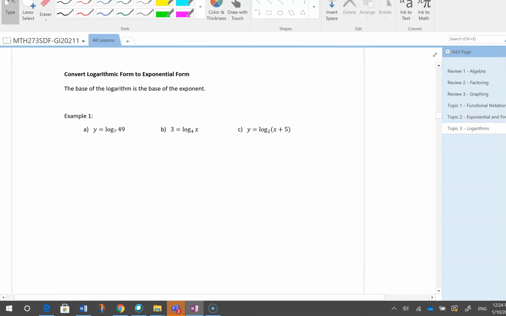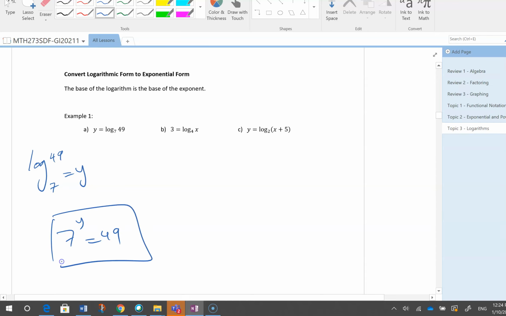Convert logarithm form to exponential form. I changed the color because it was bothering the eyes. Logarithm of 49 base 7 is y means 7 power y is 49. Can I say what is y?